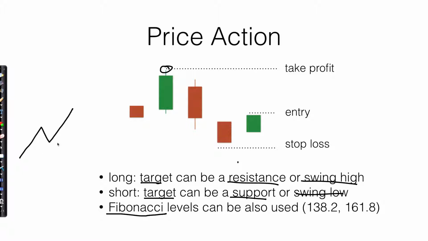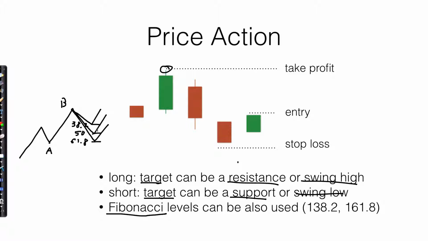What you can do is, okay, if you see the price is going down here, this is called the point A and this is called the point B, and the Fibonacci retracement will tell you that you have some key levels, usually the 38.2, 50 and 61.8, some levels where the price is likely to hit and bounce. So it can be here, it can be here, or it can be here. So that was the Fibonacci retracement.